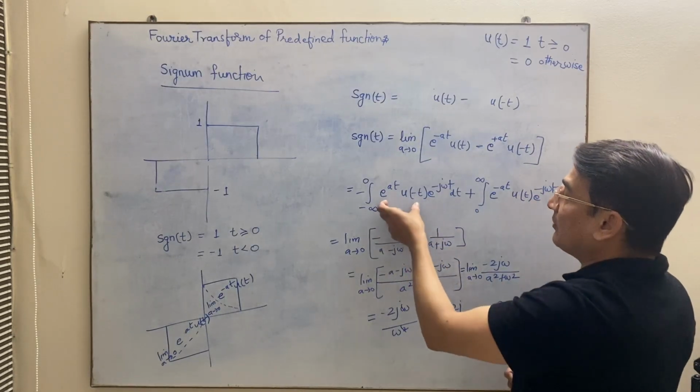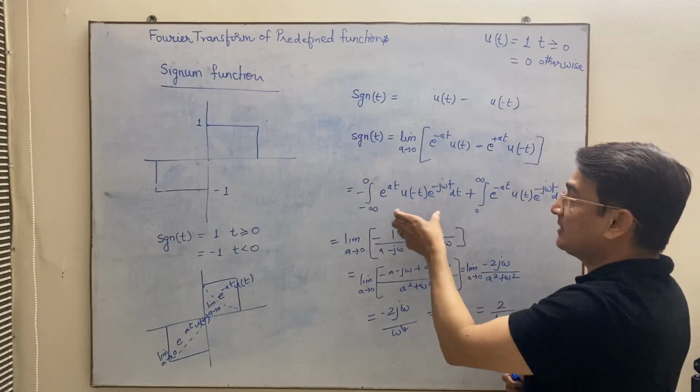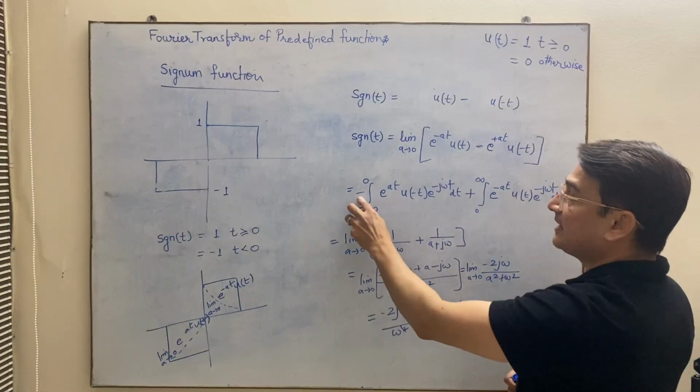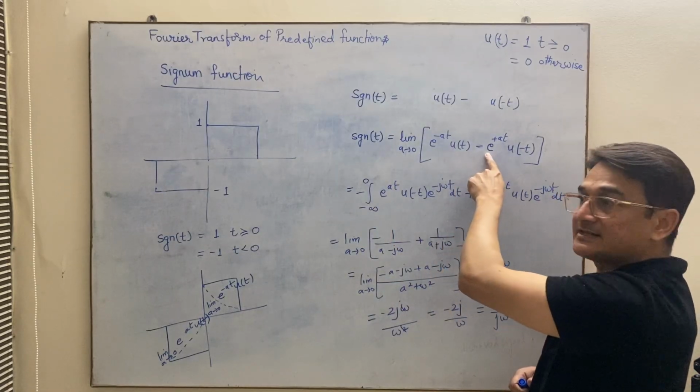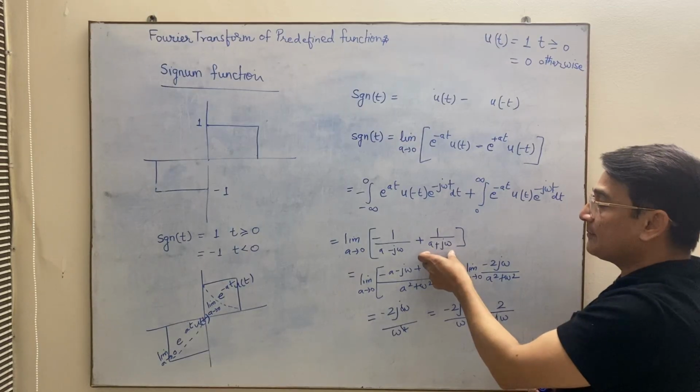Already we have calculated this part, minus infinity to 0: it is 1 upon a minus j omega with a negative sign because the sign is negative, and this part is already 1 upon a plus j omega.